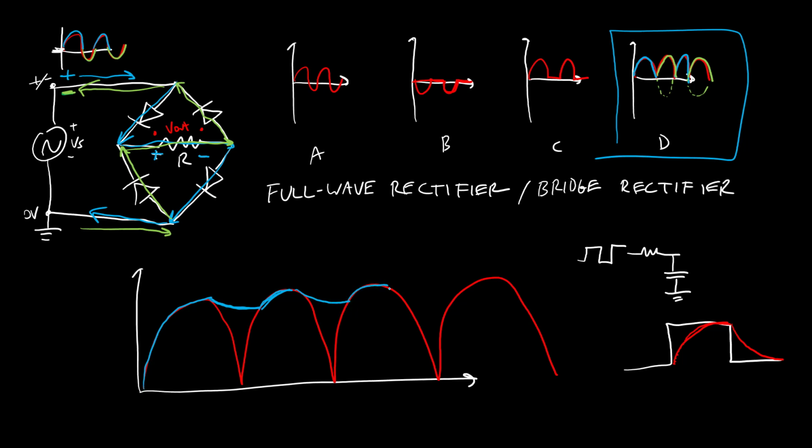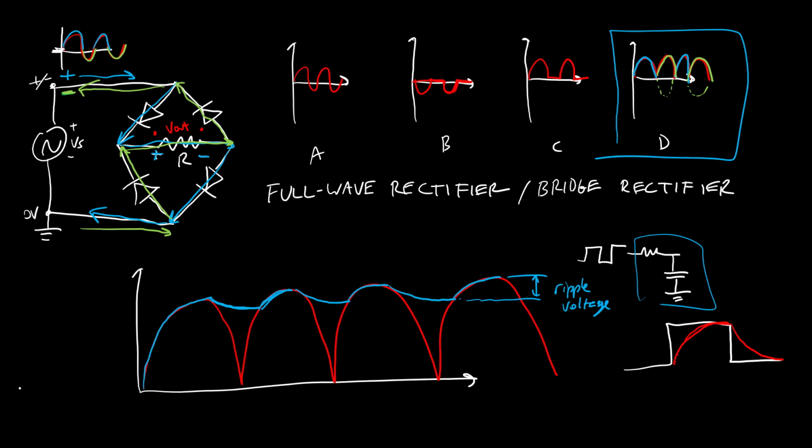So it's still not perfect, right? It's not a perfectly flat horizontal line. We have something called the ripple voltage. There's going to be this tiny up and down movement of the voltage depending on the RC time constant of this part of the circuit, but it's much better than what we had originally.